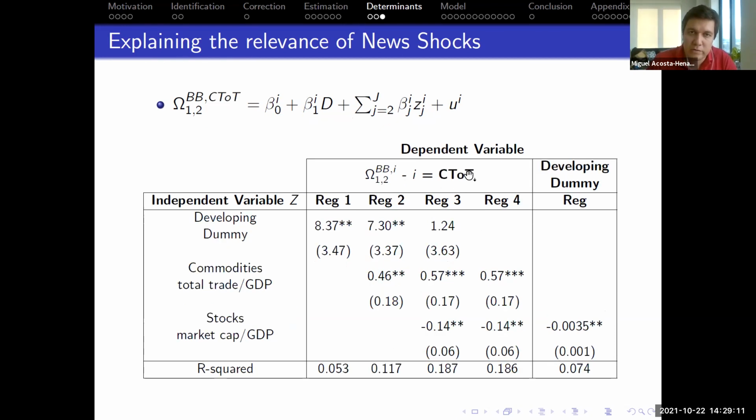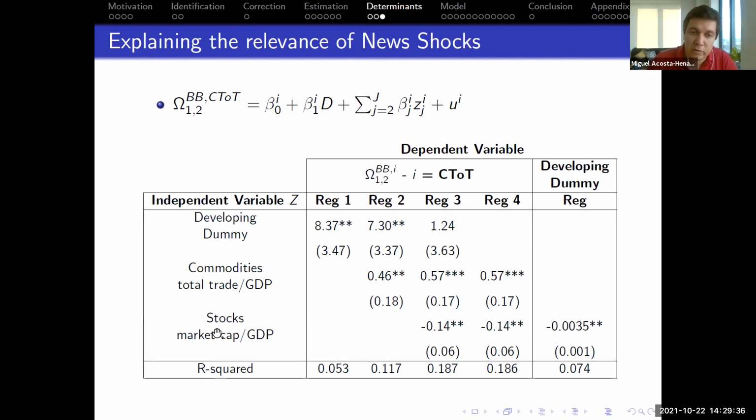And for commodity terms of trade news shocks, if we focus on regression 4, countries with more commodities total trade, meaning exports plus imports over GDP, have a larger share of output variance explained by news shocks to commodities. This is obvious. But more importantly, when we consider the stock market cap as a share of GDP, the larger this is, the lower is the share of variance explained by news shocks to commodities.